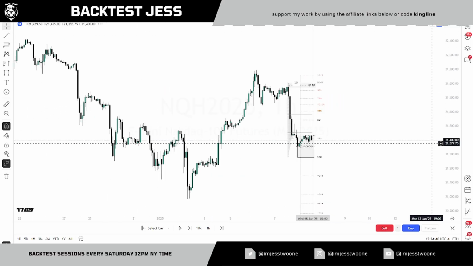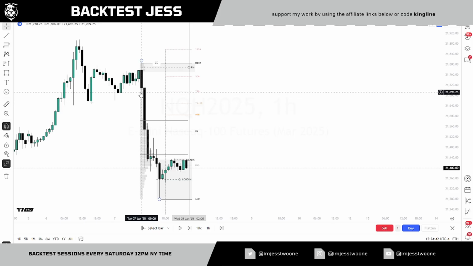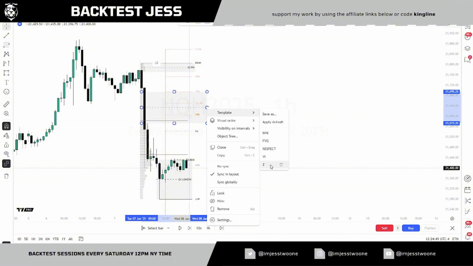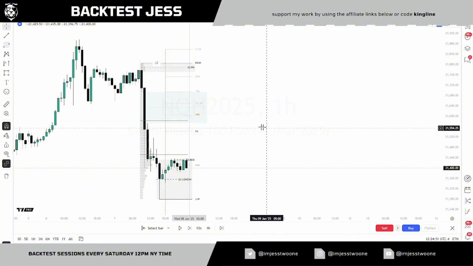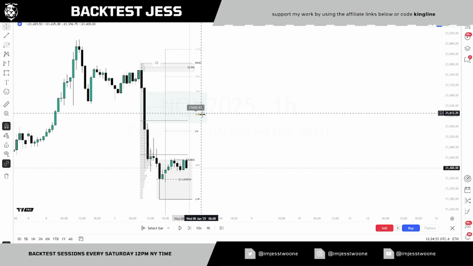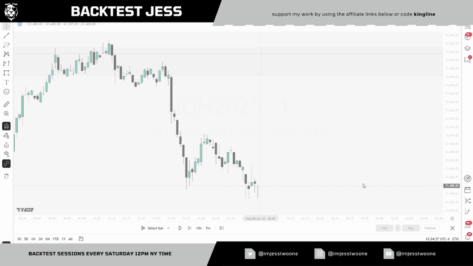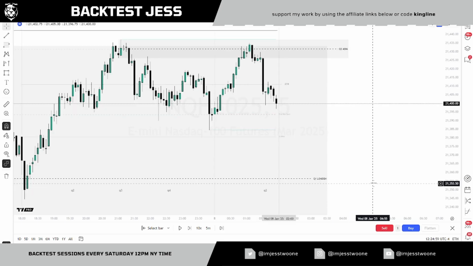Let's jump up to our 1 hour. There's an obvious clear SIBI here within our OTE zone. So I will just pull this out. OTE zone being anywhere from 0.618 to 0.79. Okay.